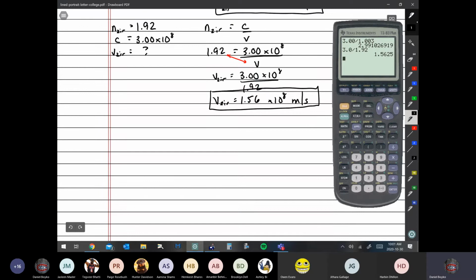So for 4, N, C, and V, again, because we're using speed, we're going to use the refractive index equation. 1.46, 3 times 10 to the 8. And we are looking for V.